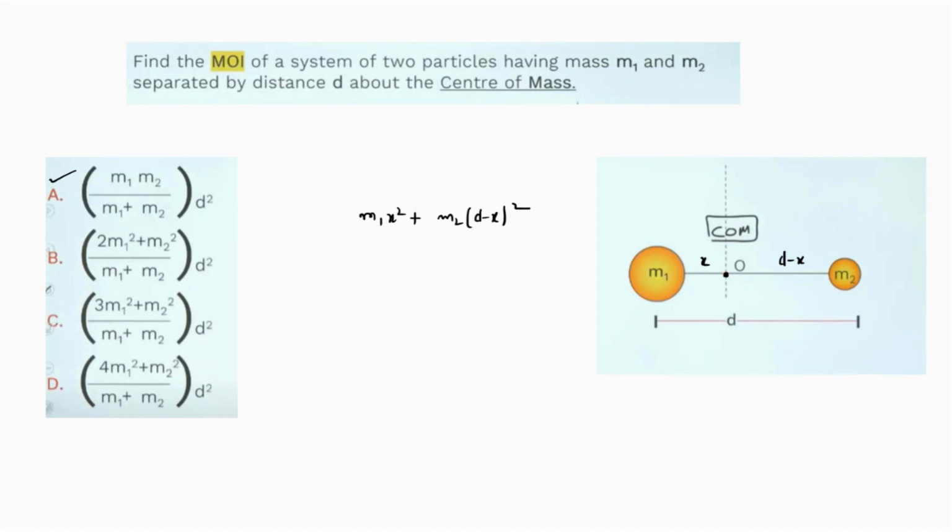So center of mass is xcm, which is at this point, is equal to m1 into x plus m2 into d minus x over m1 plus m2, right? m1x, this is the x coordinate of center of mass, right? m1x into m2 into d minus x. M r square.